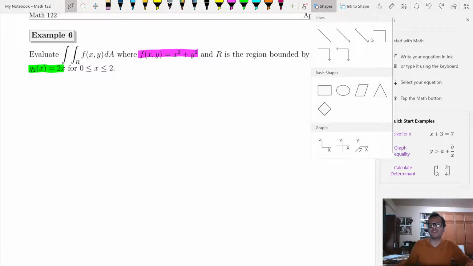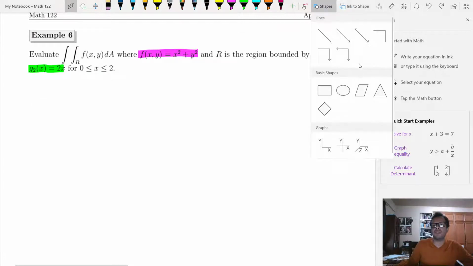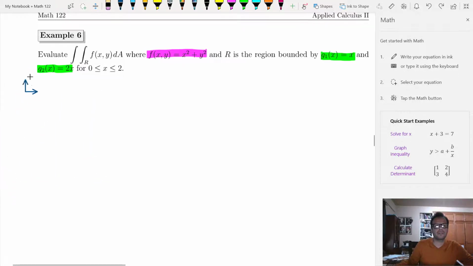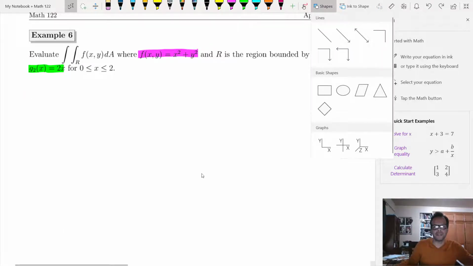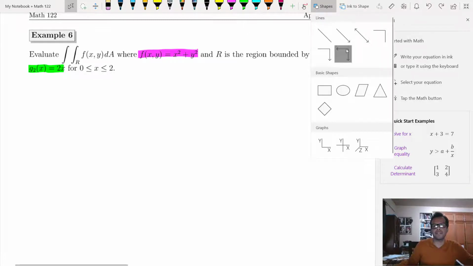I guess I'm going to use shapes right here. Hopefully that works. However, this is not what I want. I want the shape right here. Okay, I think I got it.